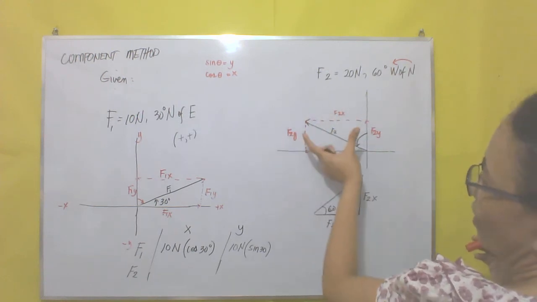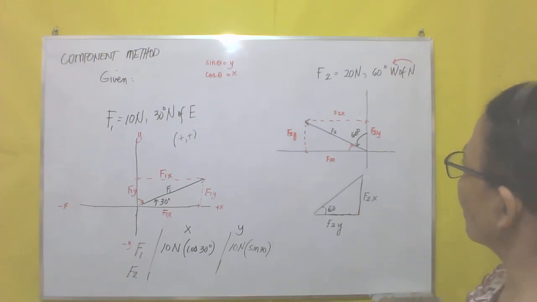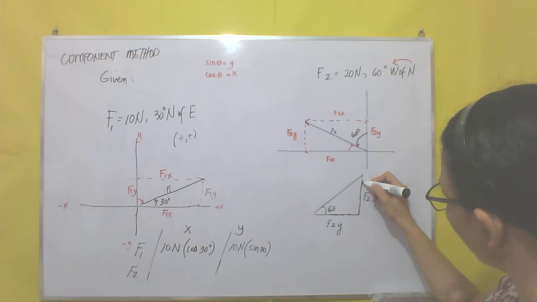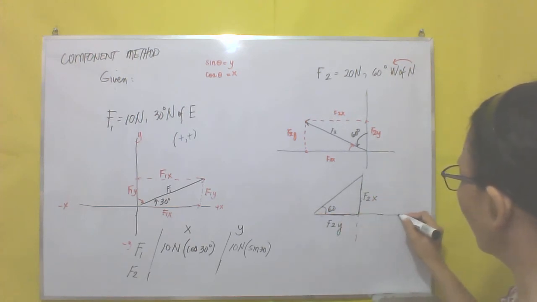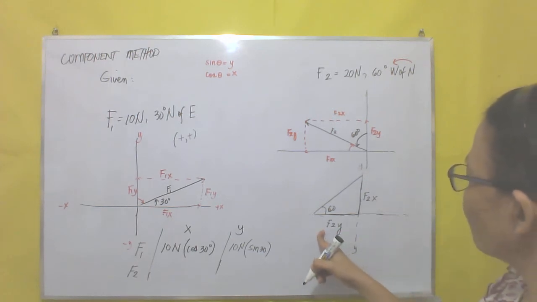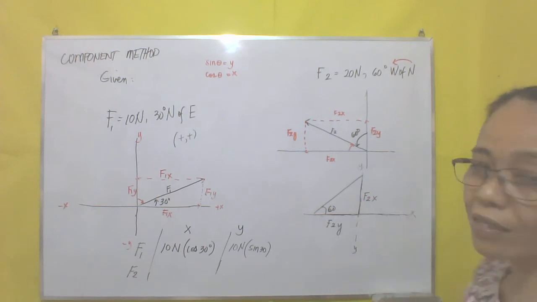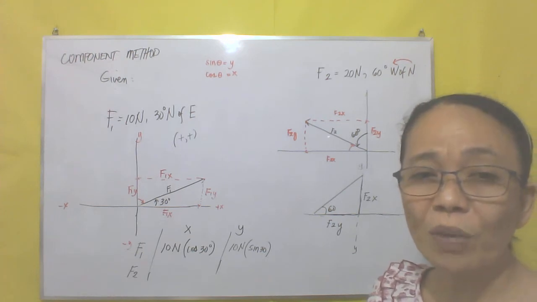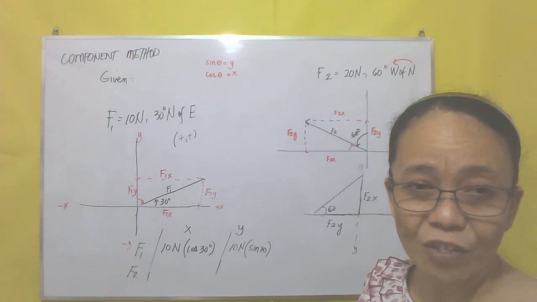So this triangle becomes this type of triangle. Therefore F2x will now lie along the y-axis, then F2y is along the x-axis. So there should be an interchange of the sine function.